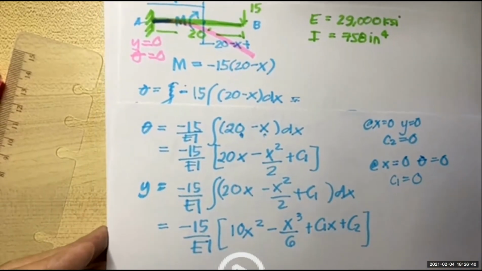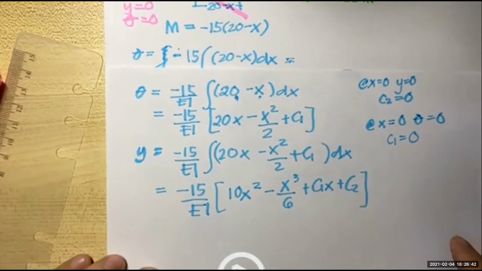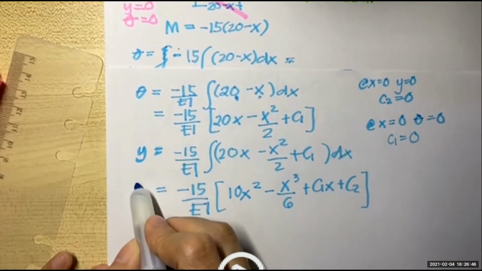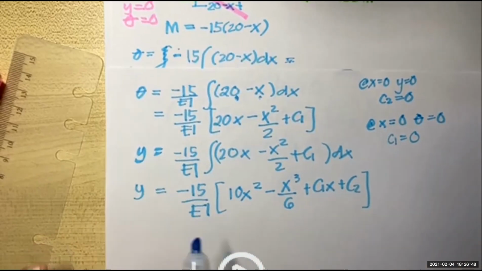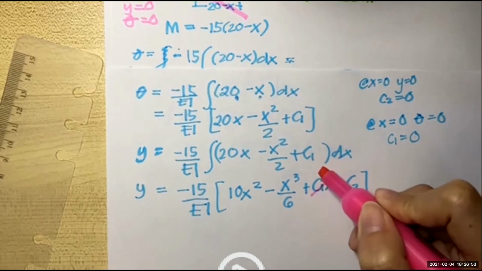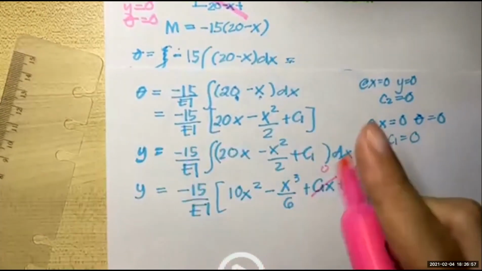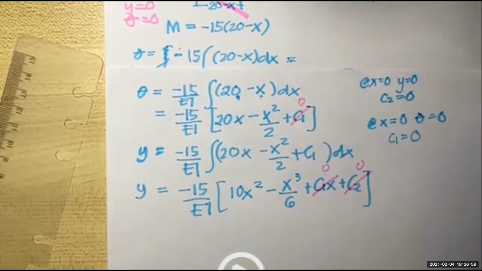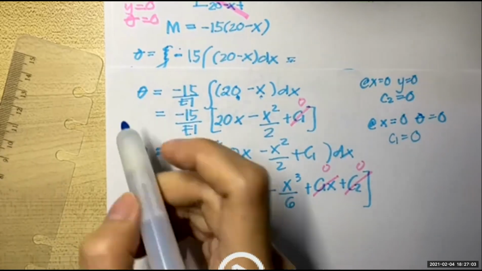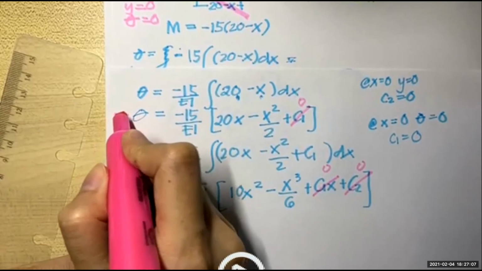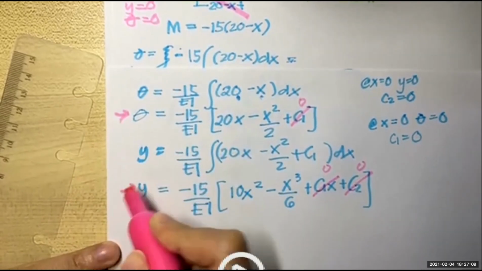Good. Then after this, let's solve. This is the general equation. Since C1 and C2 are 0, we eliminate them. The final equations are this for the slope and this for the deflection.